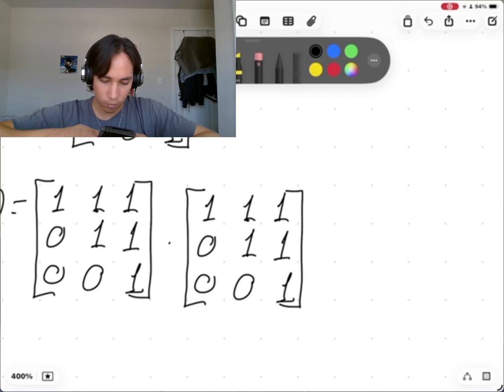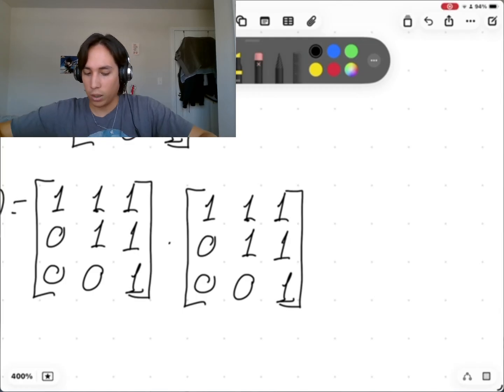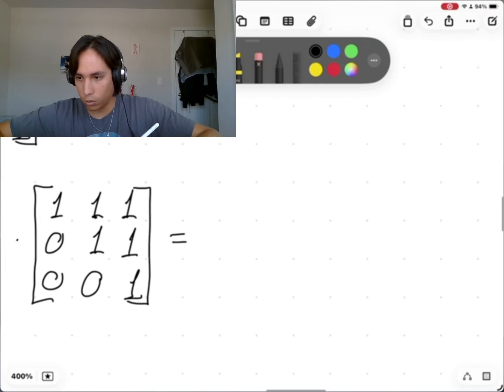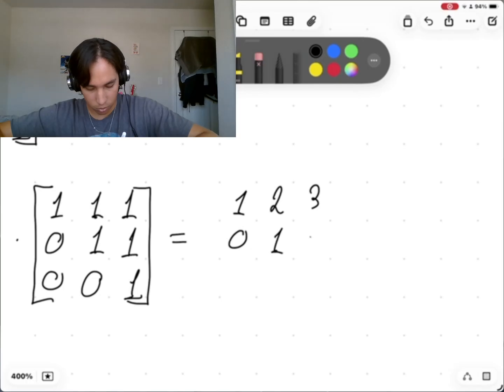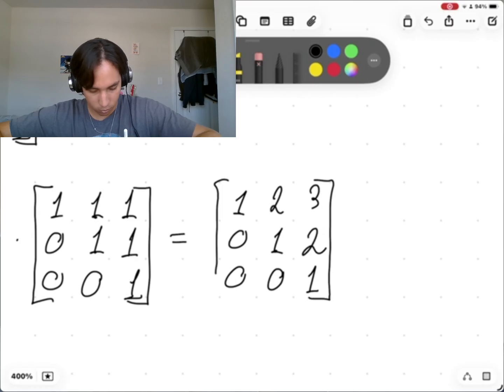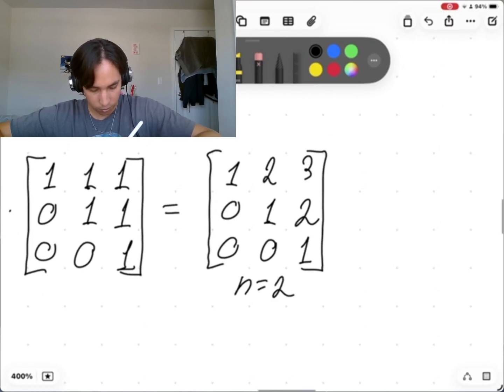Matrix. All right, we have a 3 by 3 of 1, 1, 1, 0, 0, 1, 1, 0, 0, 1. And so, boom, we get 1, 2, 3, 0, 1, 2, 0, 0, 1. This is for n equals 2.